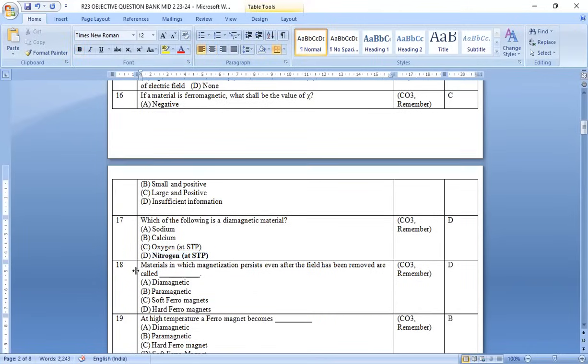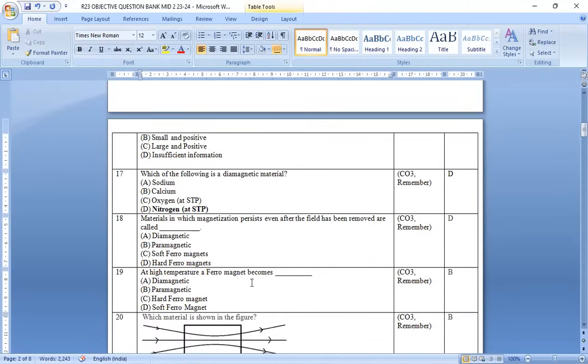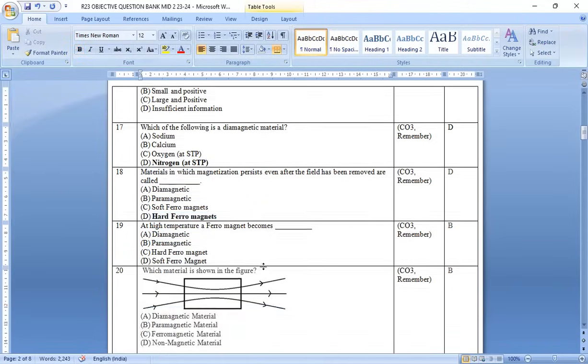And then the material in which the magnetization persists even after the field has been removed, we call it a hard ferromagnetic material. So option D is the right answer. And then at high temperature, a ferromagnetic becomes paramagnetic. Option B is the right answer.